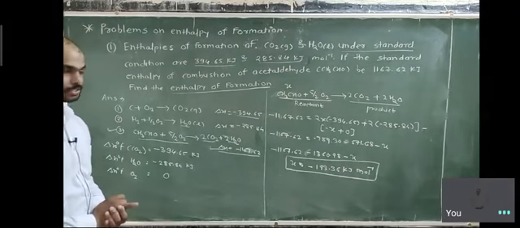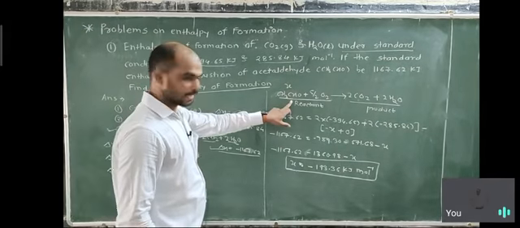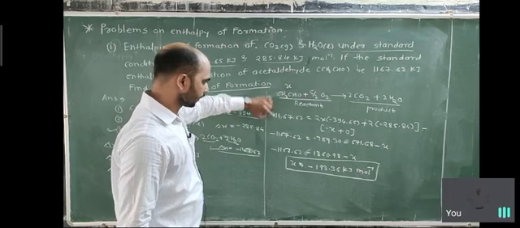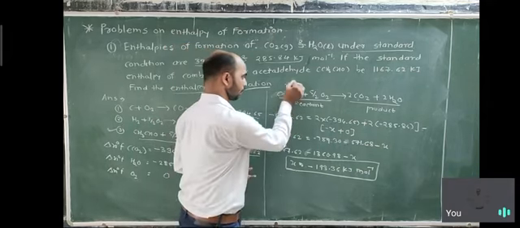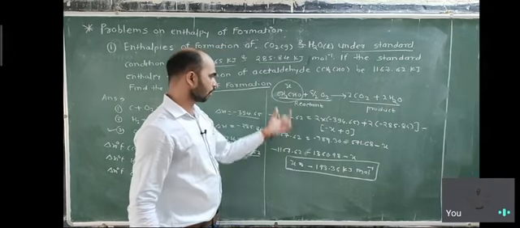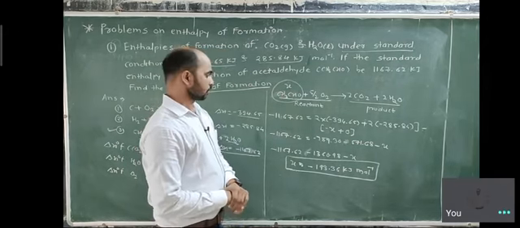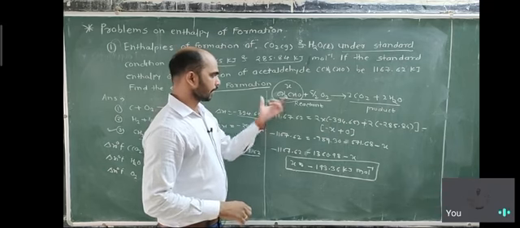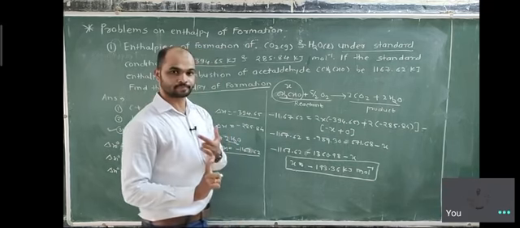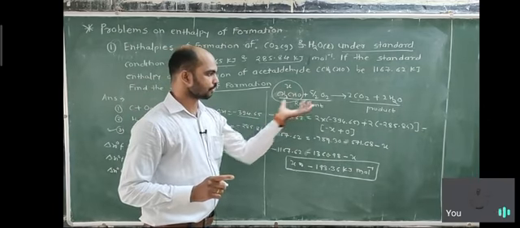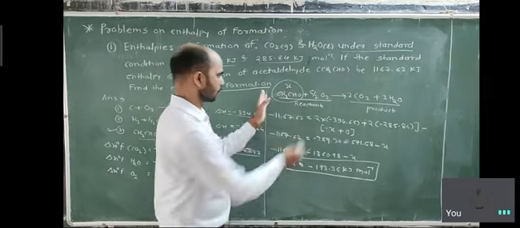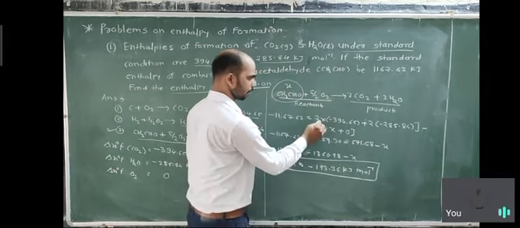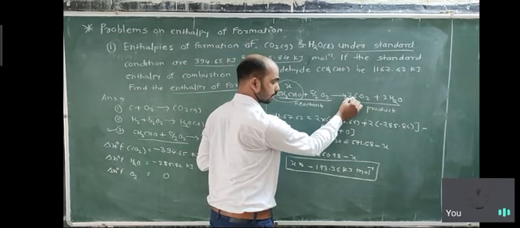So this is the first numerical problem. This is the combustion reaction. We already have the heat of combustion of acetaldehyde, but here we are going to find the heat of formation of CH3CHO. So when we calculate the heat of formation, it is the sum of heats of formation of products minus the sum of heats of formation of reactants. So this is the reactant side and there is a product side. Here the product CO2 has a coefficient of 2.